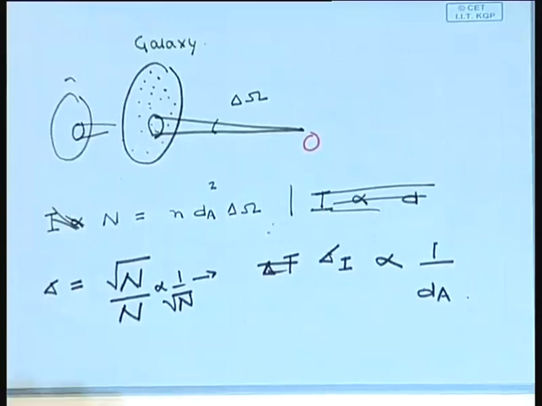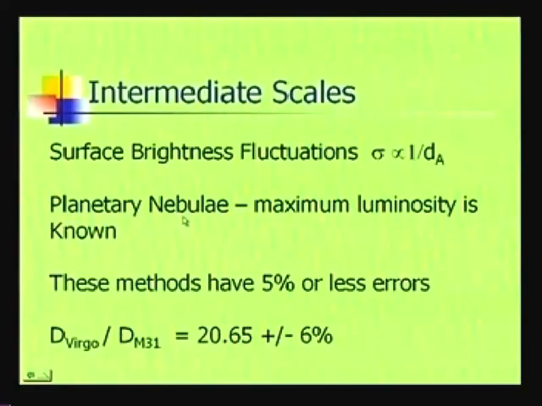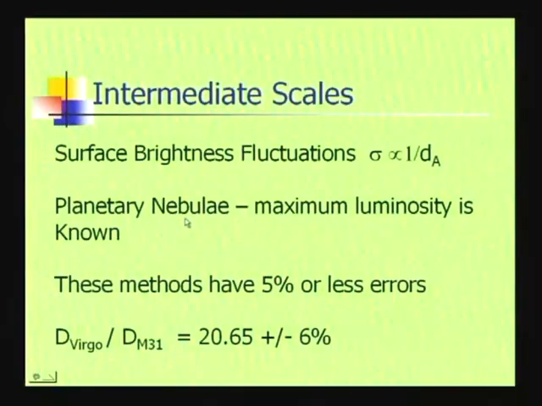Okay. The other method which can work over here is through planetary nebulae. These are gas envelopes which are expelled from very massive stars, very bright, and the maximum luminosity of these gas envelopes is known, so they can be used as standard candles, and you can identify them. They have strong emission lines, so you can identify them inside galaxies.